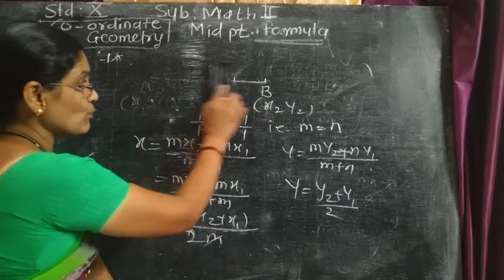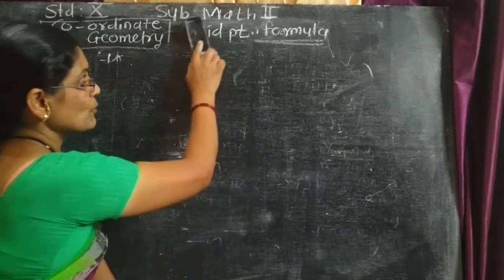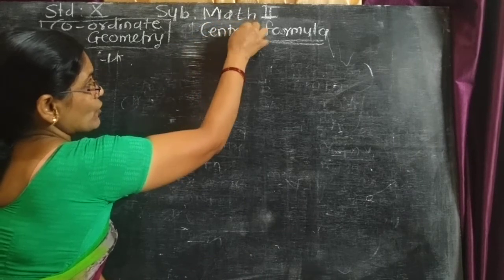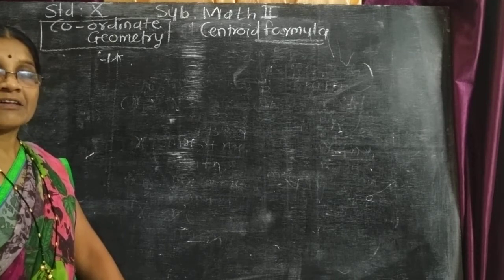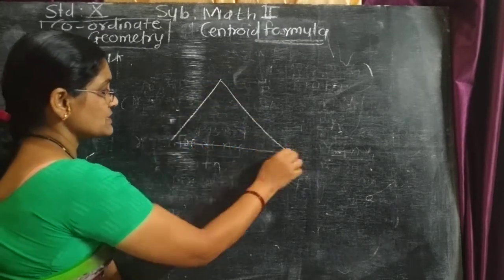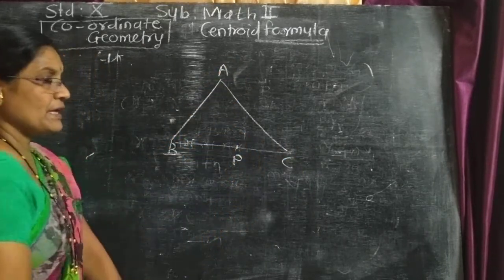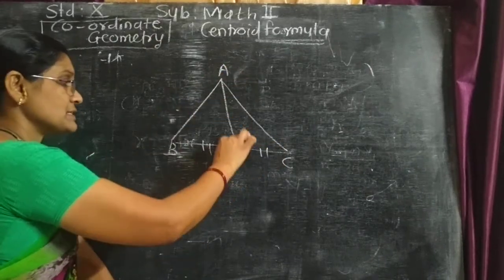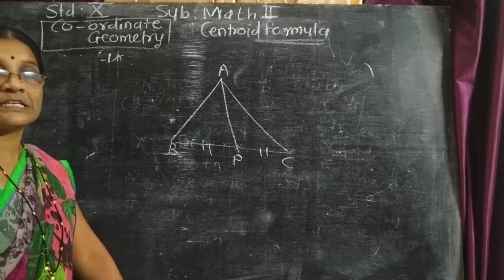Now, using both formulae, the midpoint formula and the section formula, we can find the last one, the centroid formula. Before that, I will revise the concept of centroid. See here, if this is triangle ABC and this point P is the midpoint of segment BC, then segment AP is called the median of triangle ABC.